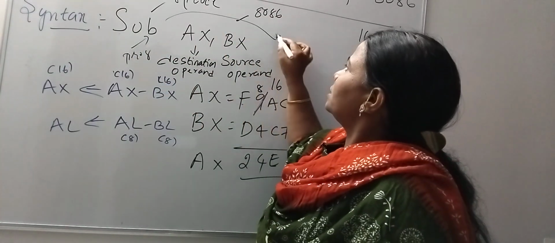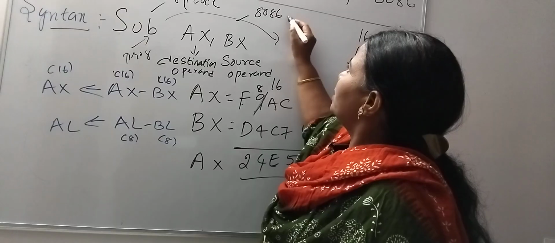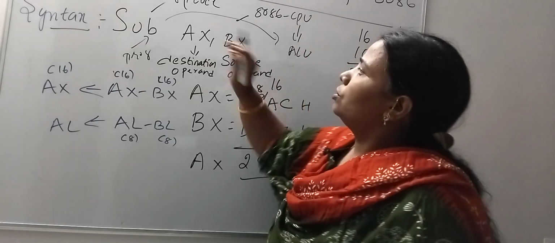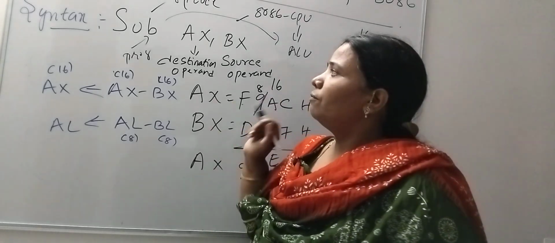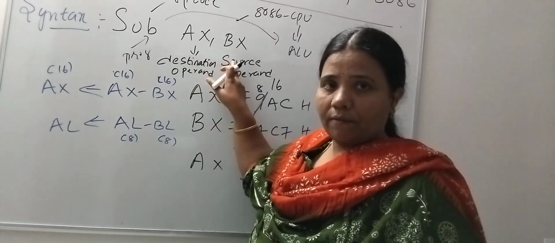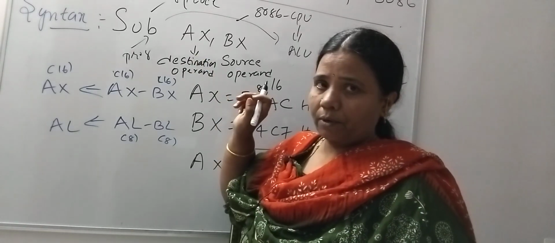To do the subtraction operation in the 8086, that is the CPU, the ALU is going to do the subtraction operation. How does it do it? By using the operands you have given, the source operand and the destination operand.